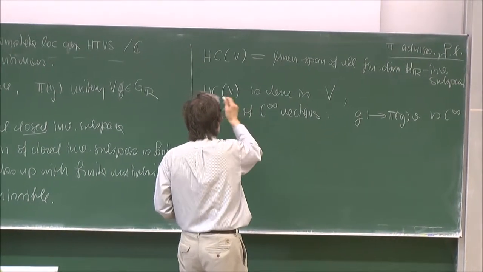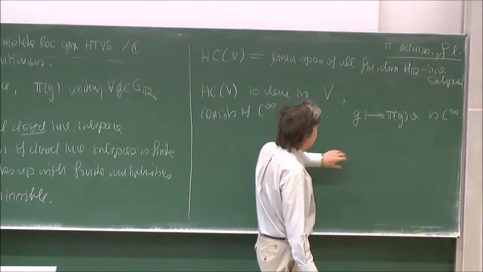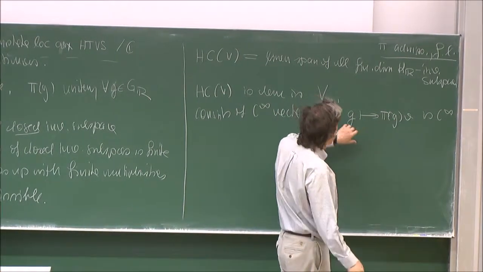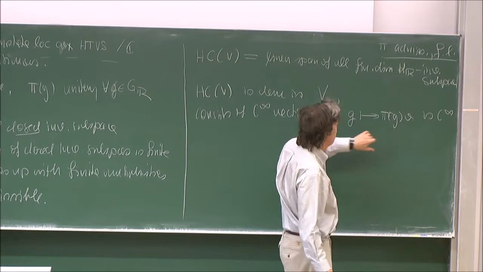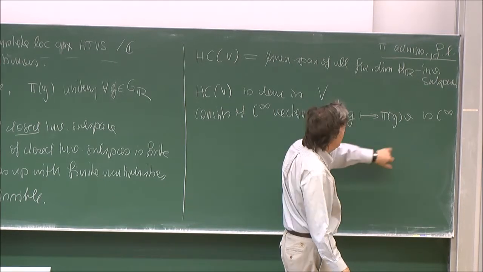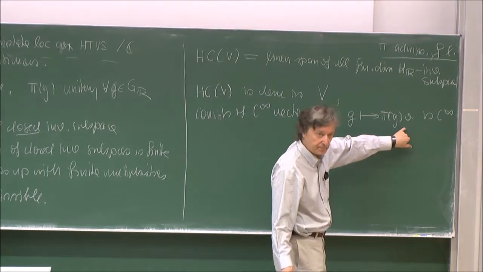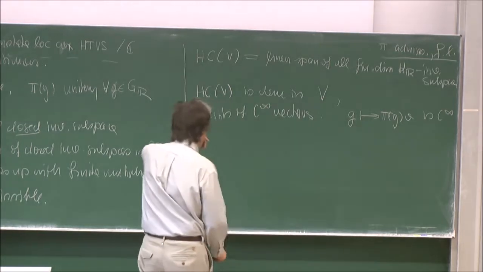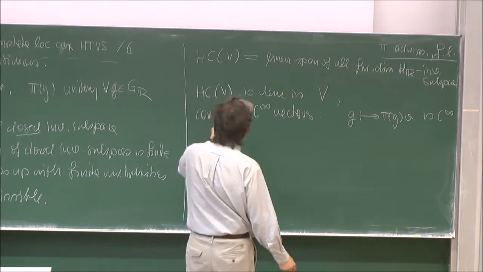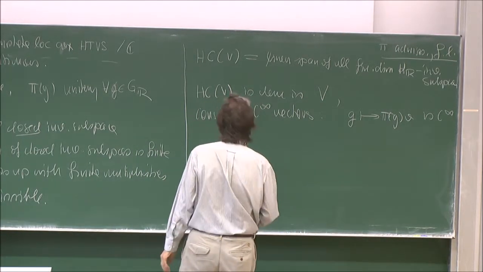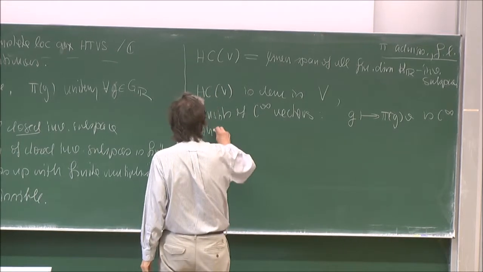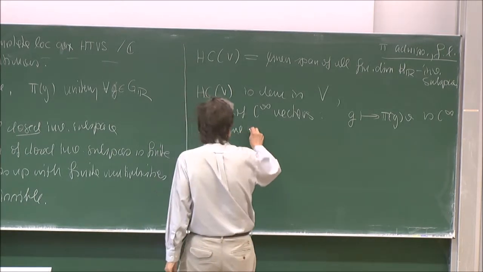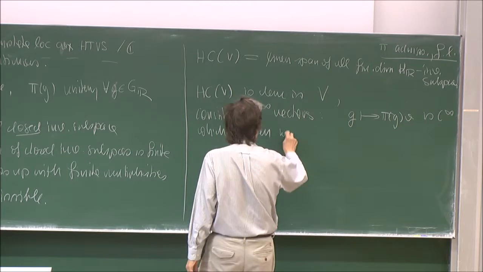So V is C infinity if the map from G to pi of G is a C infinity map from the group to the vector space. So it consists of C infinity vectors, which are even weakly analytic.